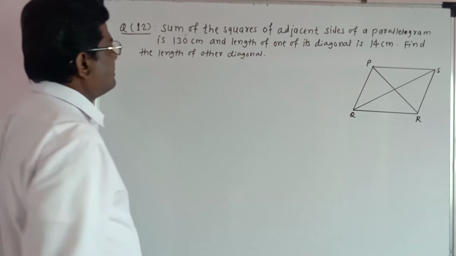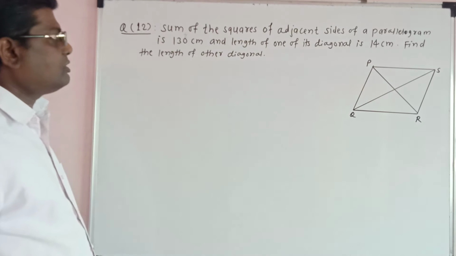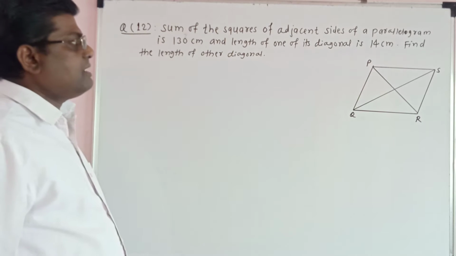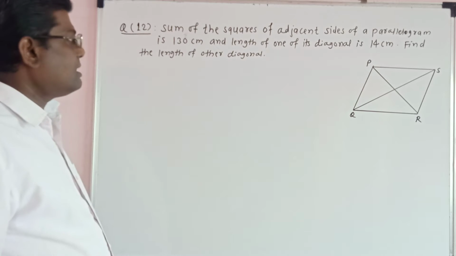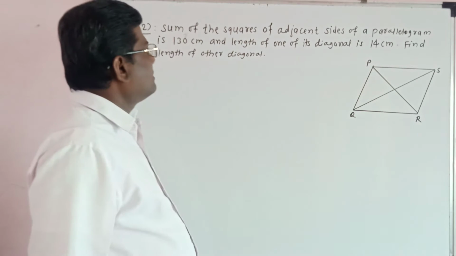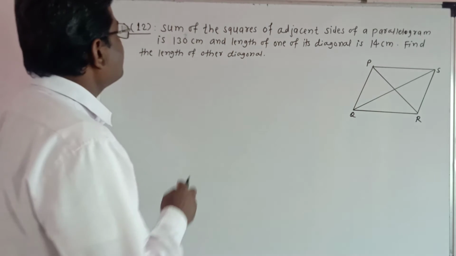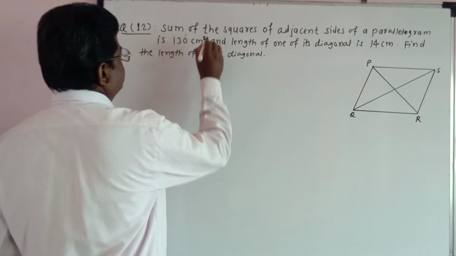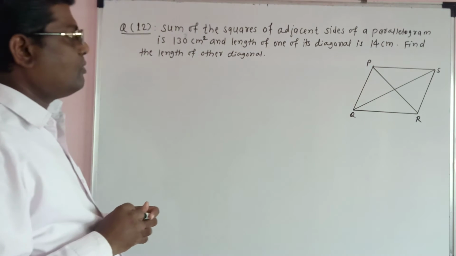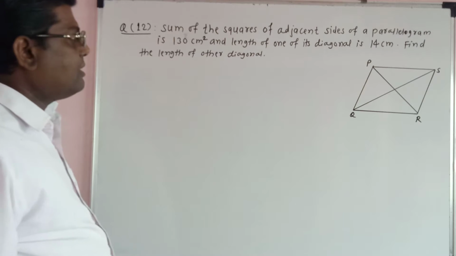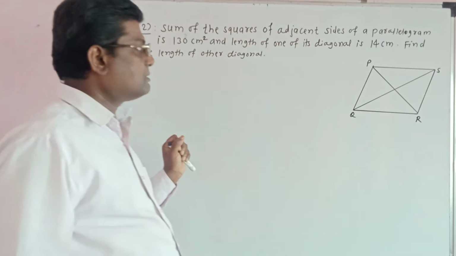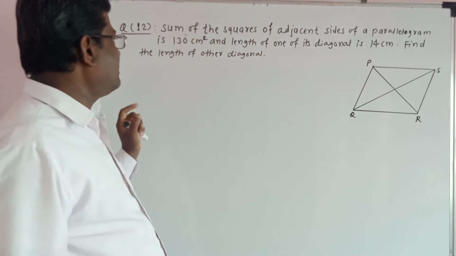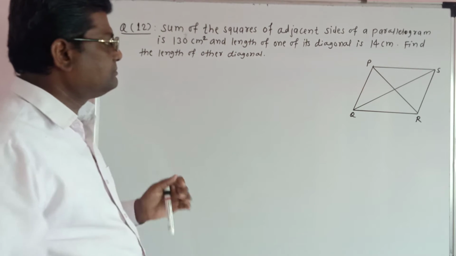Example number 12. Sum of the squares of adjacent sides of a parallelogram is 130 centimeter square, and the length of one of its diagonals is 14 centimeter. Find the length of the other diagonal.